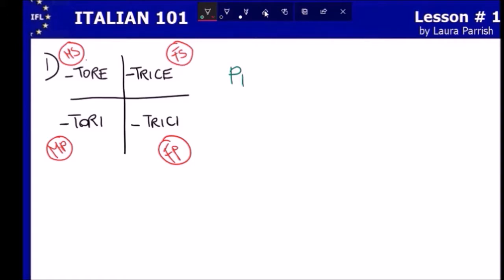Pittore is a painter, like Van Gogh. Okay? So you have to analyze the word. You need to look at the ending, tore, and it's masculine singular.